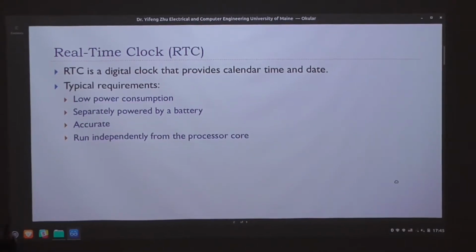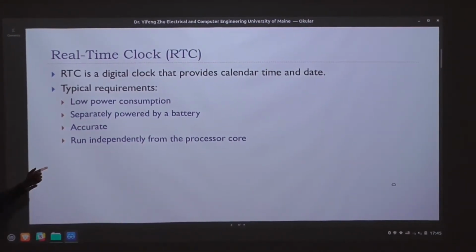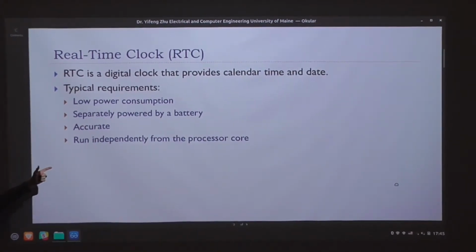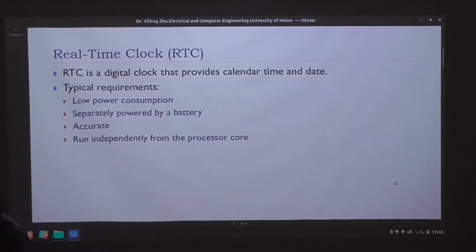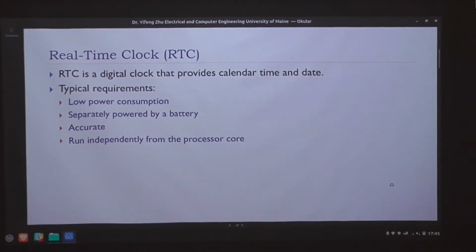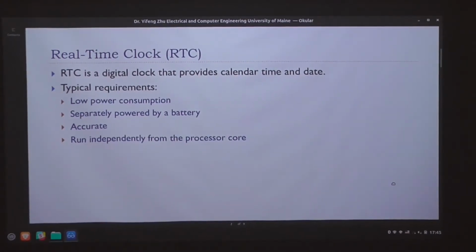So this is essentially why you have to reset your digital alarm clocks every once in a while. It's because the oscillation in the crystal doesn't occur at exactly some frequency because of physical laws.